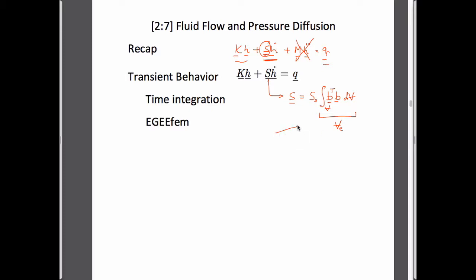We only did it for a brick element, but if it's a triangular element, the volume is going to be equal to the area of the triangle times the thickness, whatever that is. In our particular case of the one-dimensional element, it's just the product of the area of the element and its length. We talked about where the different components sit in the matrix, as consistent mass or lumped mass.